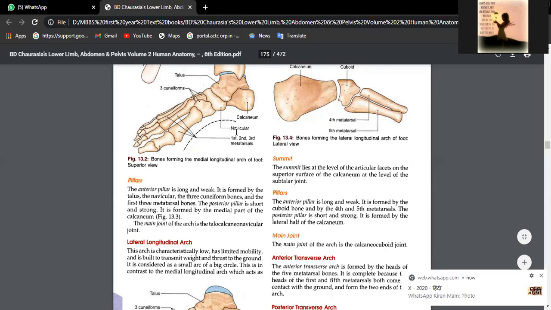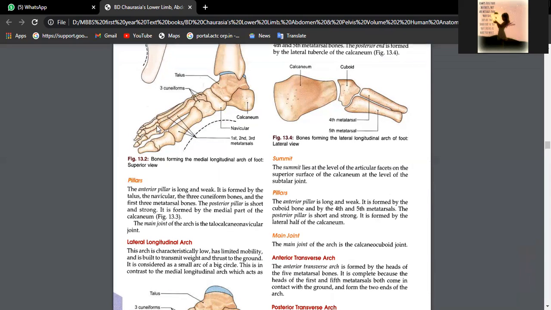Obviously, what is left is the calcaneum. It is strong and it is formed by the medial part of the calcaneum. So that is all about the medial longitudinal arch.